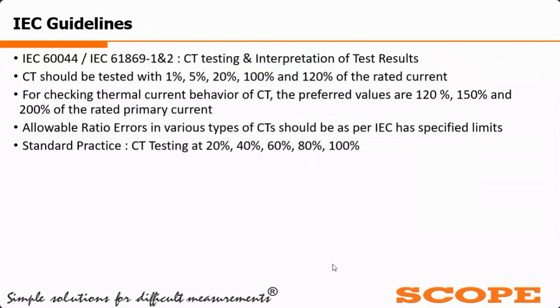Then allowable ratio errors for various types of CTs should be as per IEC specified limits, which we will see in upcoming slides. Then as standard practice, some manufacturers or users test CTs at 20% of rated current, 40%, 60%, 80%, and 100% of rated current.